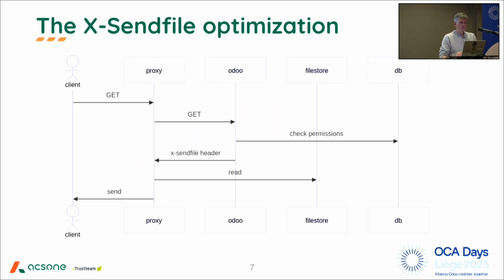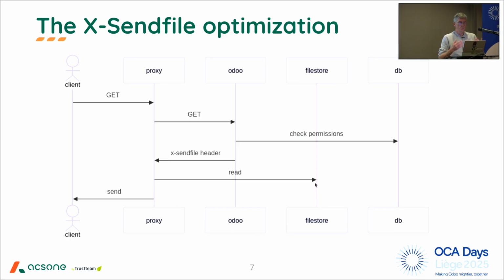And the difference in the sequence is that in that case, Odoo will check the permissions, locate the file, and instead of returning the content, it returns an HTTP header, called xsend file or x-accel-redirect, with the location on the file system of the document that must be sent to the client. And then with some configuration in the proxy, it is going to directly read the file from the file store and send it to the client.